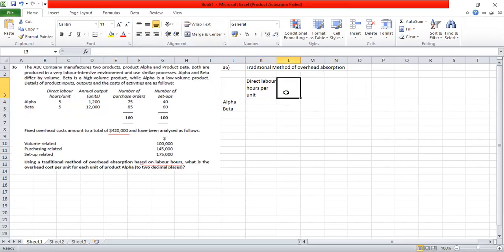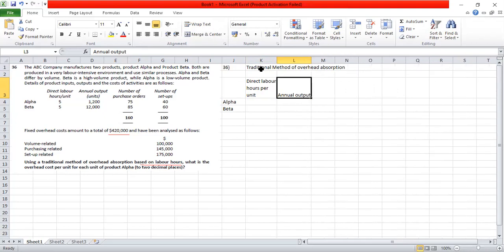Then we have annual output. For every single unit, what is the requirement of labor hours? 5 hours are required. But for the total output, we need total direct labor hours. So let's find out the total direct labor hours.